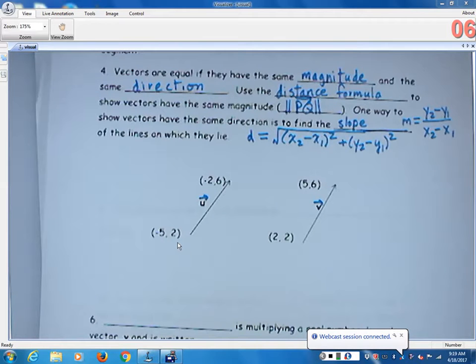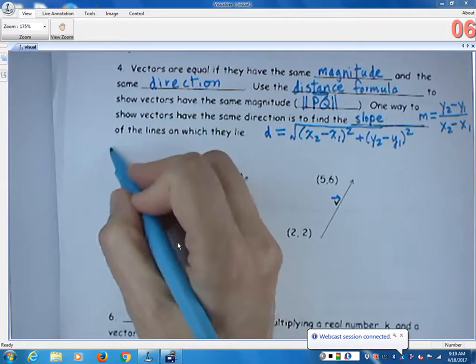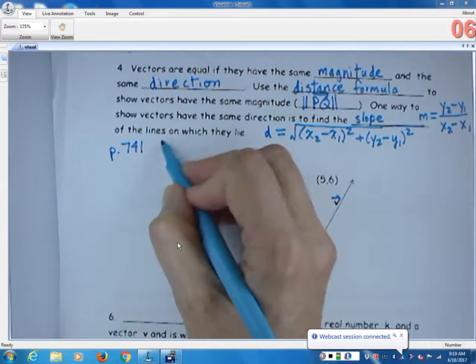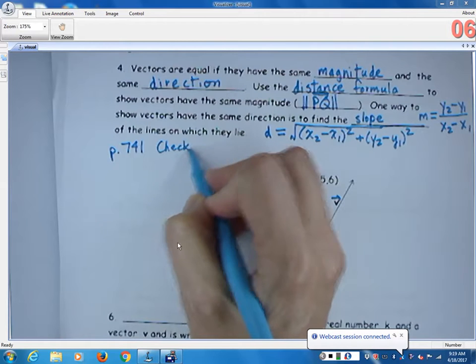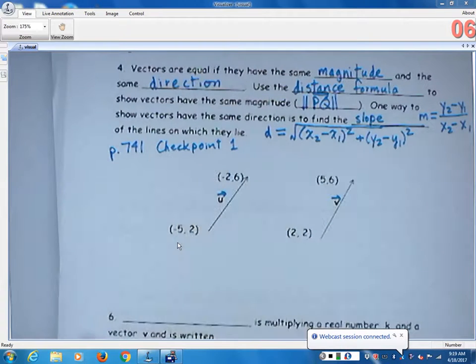Okay, so this is page 741, and there's extra examples, but this is checkpoint 1 in your book. So we're going to show that these two vectors are equal, that they have the same magnitude and the same direction.